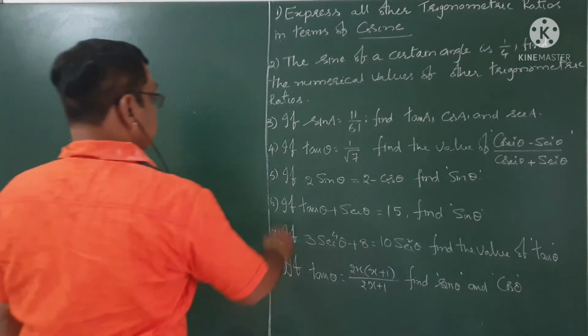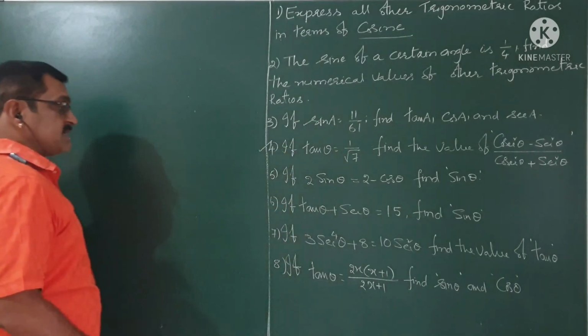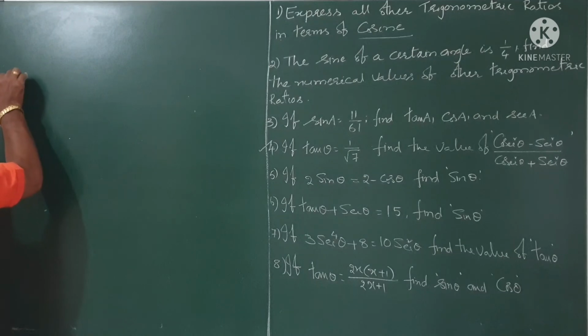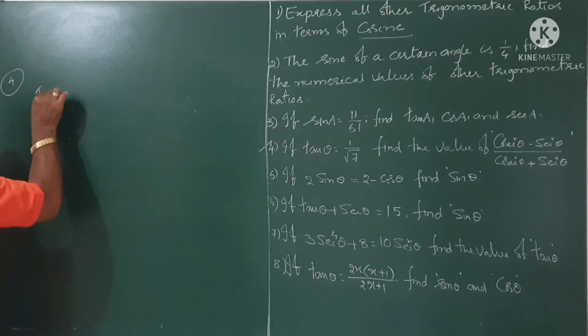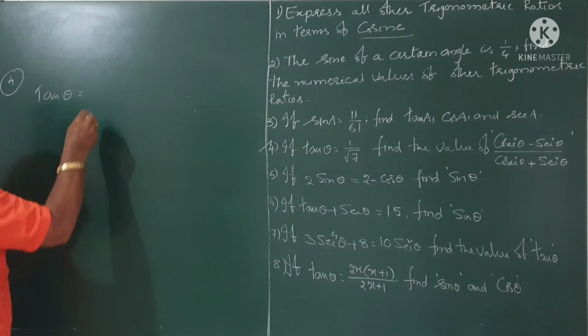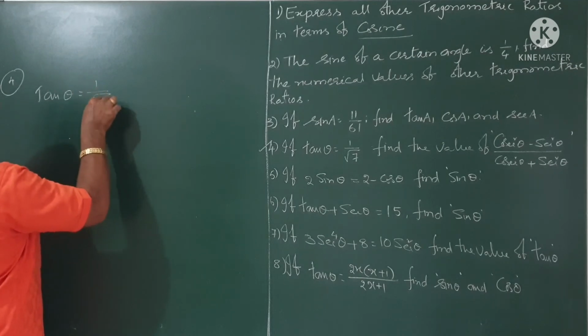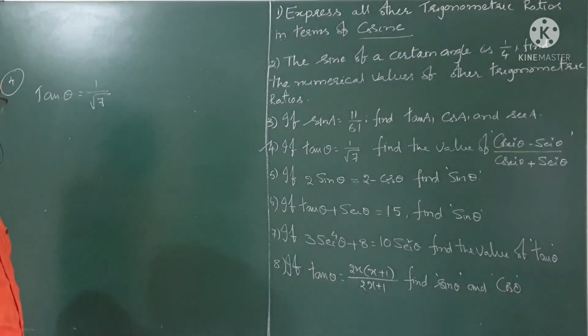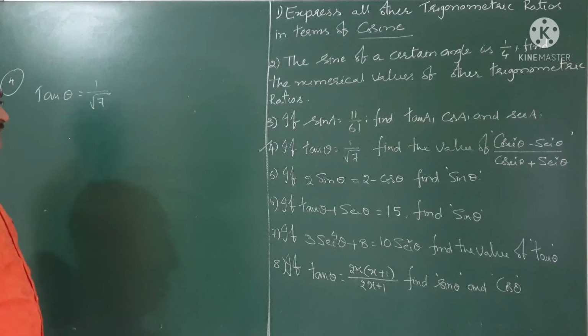Now, I am doing the fourth question. Tan theta is 1 by root over 7. Find value of cosecant square theta minus secant square theta by cosecant square theta plus secant square theta.